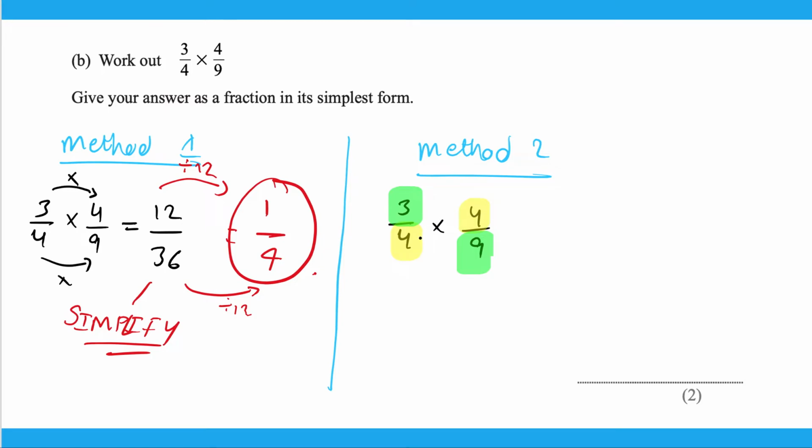So we have 4 and 4, both of them go into the 4 times table, and so we can cancel them out. We can divide both of them by 4 and change them to 1. Now 3 and 9, both of them go into the 3 times table, so we can divide both of them by 3. This would become 1, and this would become 3.